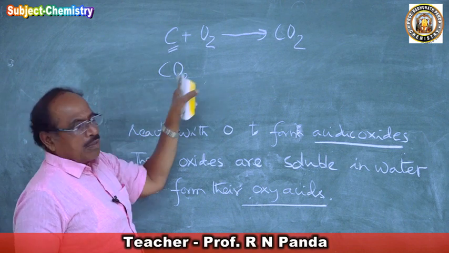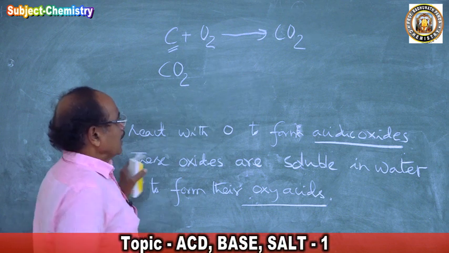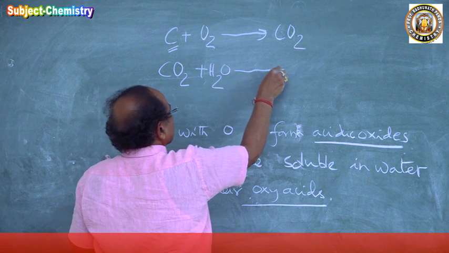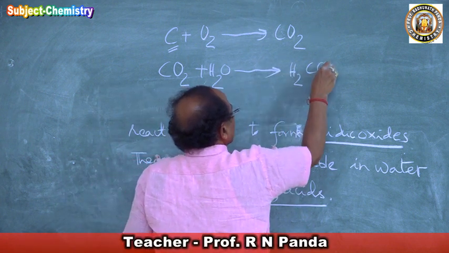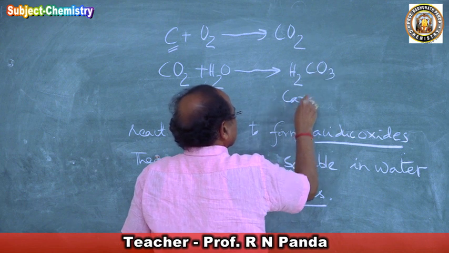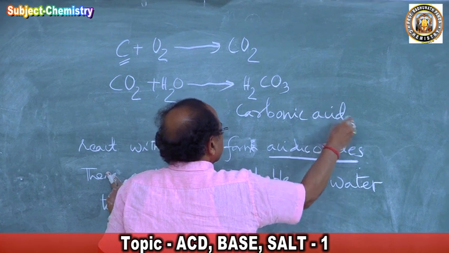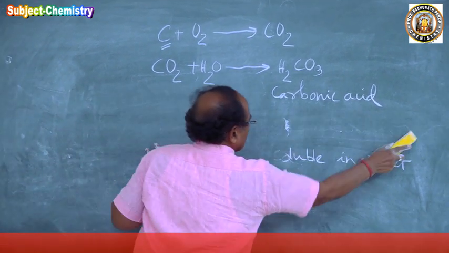It combines with oxygen to form CO2. So carbon dioxide is an acidic oxide. So this reacts with water to form H2CO3, carbonic acid. This forms carbonic acid.